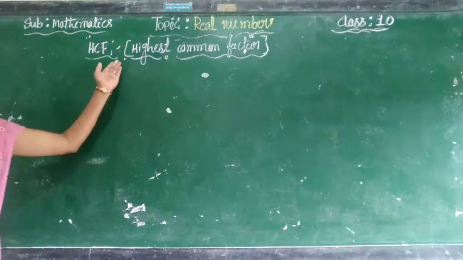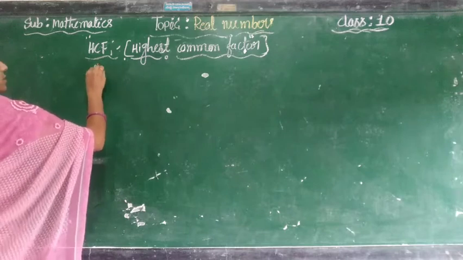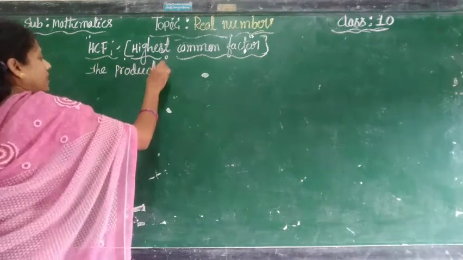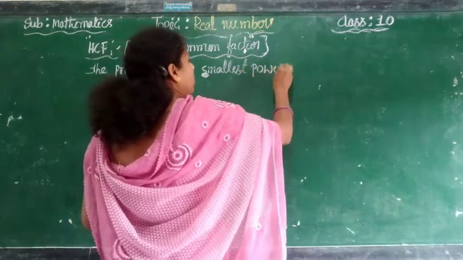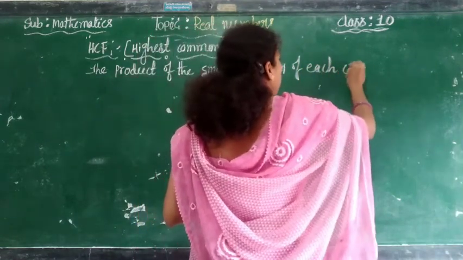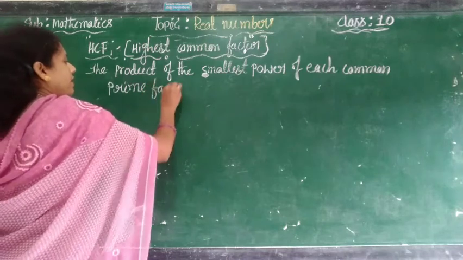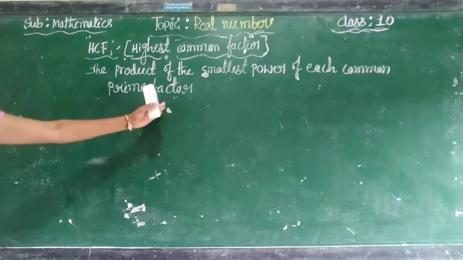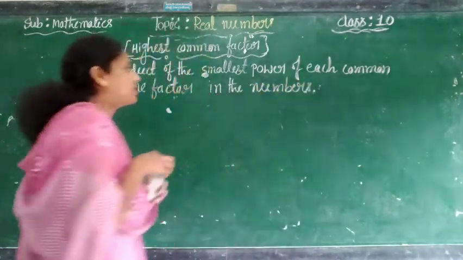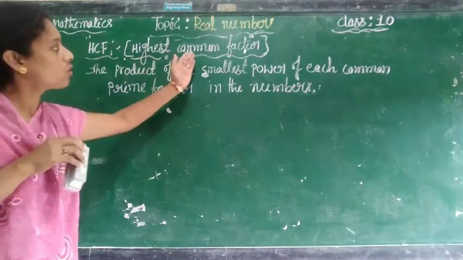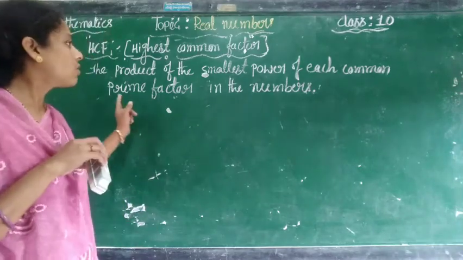So highest common factor, or HCF, is the product of the smallest power of each common prime factor in the numbers.